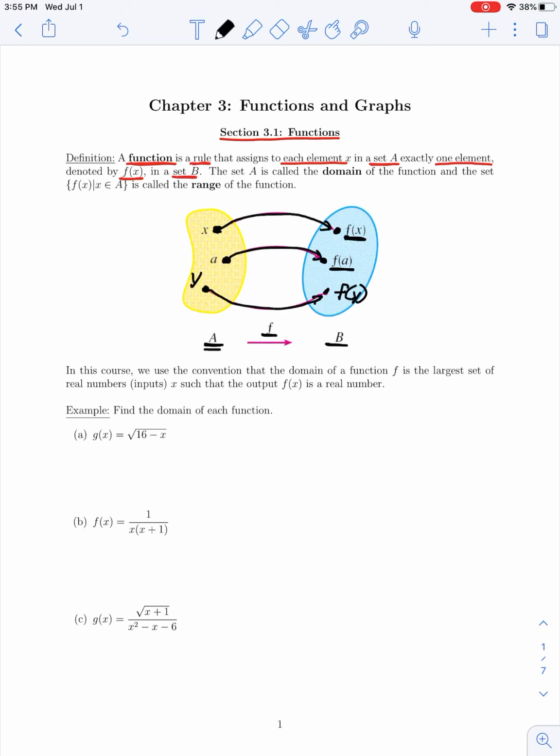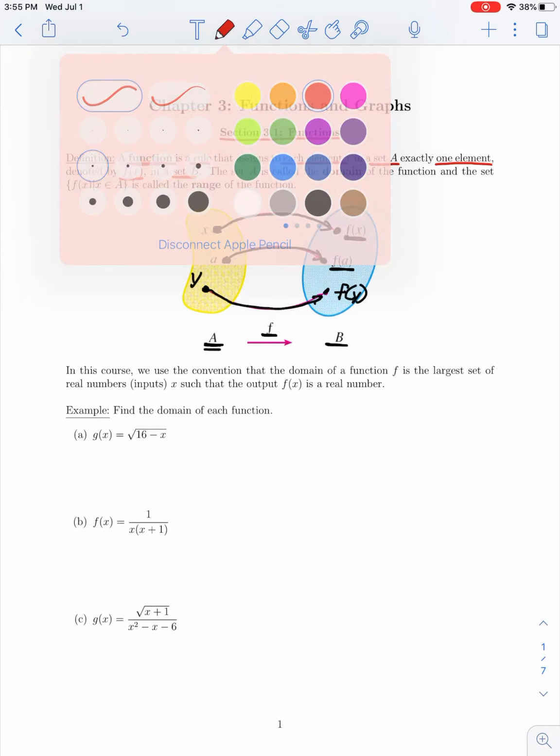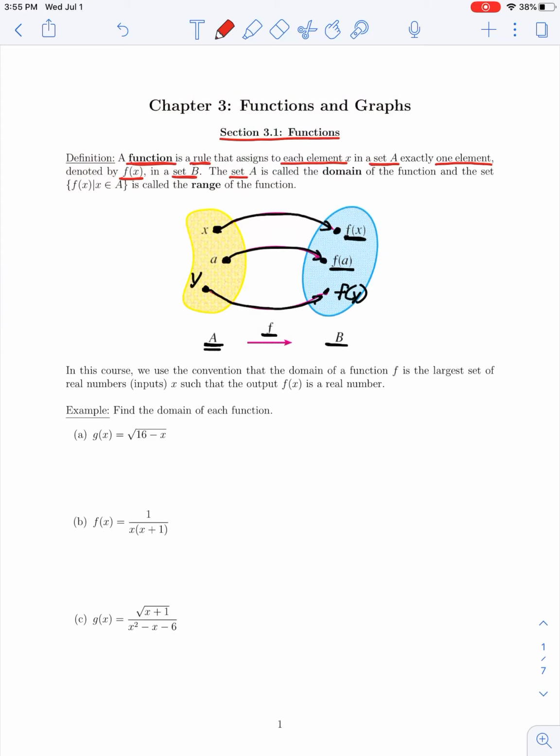which we could call f of y. Now, when we talk about functions, this set A, the first set that we're taking elements of, is called the domain of the function. So it's the set of all possible input values of our function, x, a, y, so on.